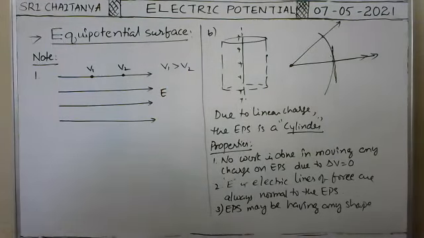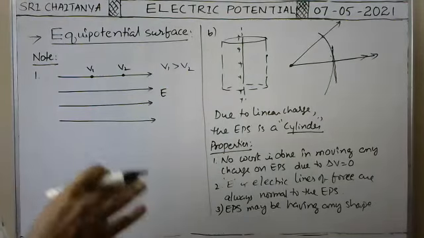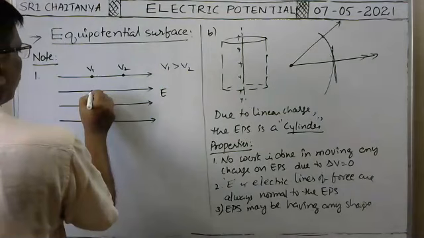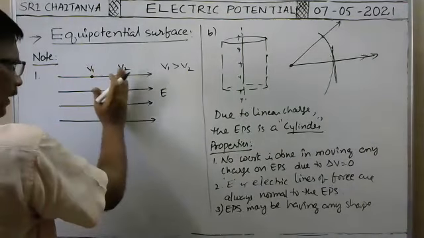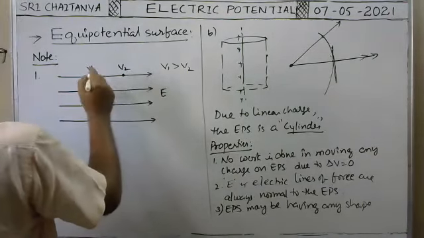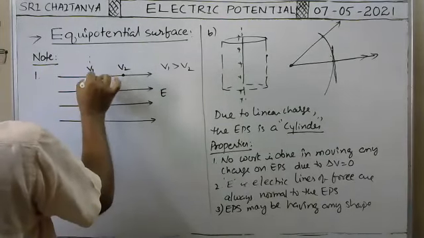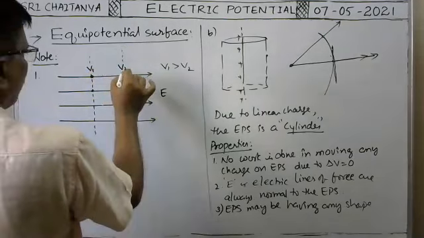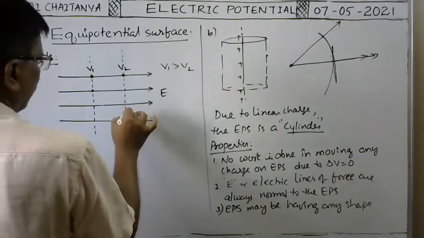If it is a non-uniform electric field, then along the direction of the electric field, the intensity of electric field gradually decreases. At this point, exactly perpendicular to the electric lines of force, you imagine a surface.